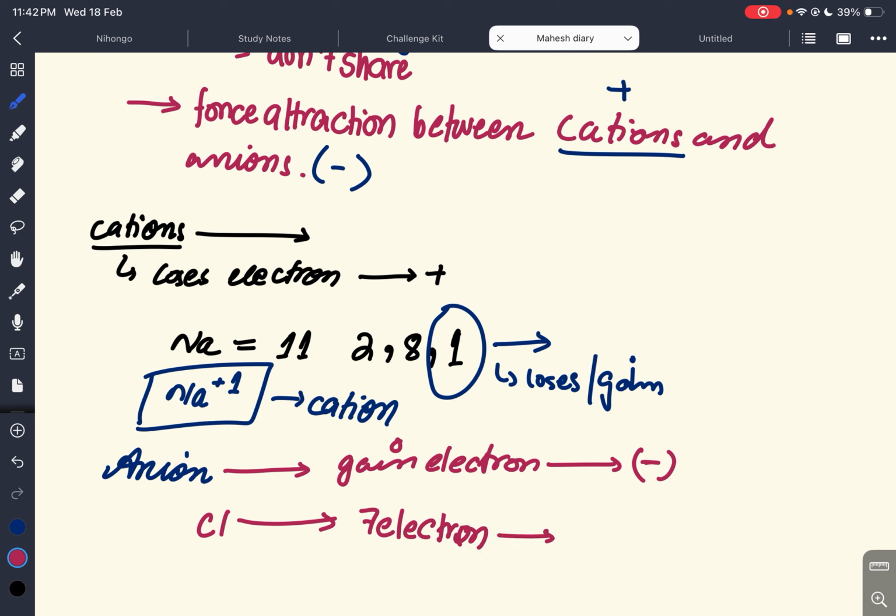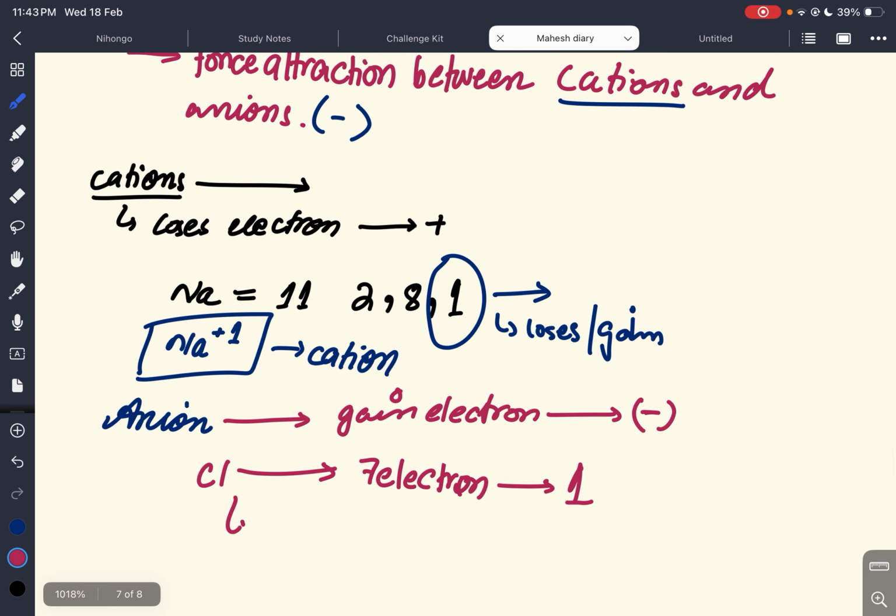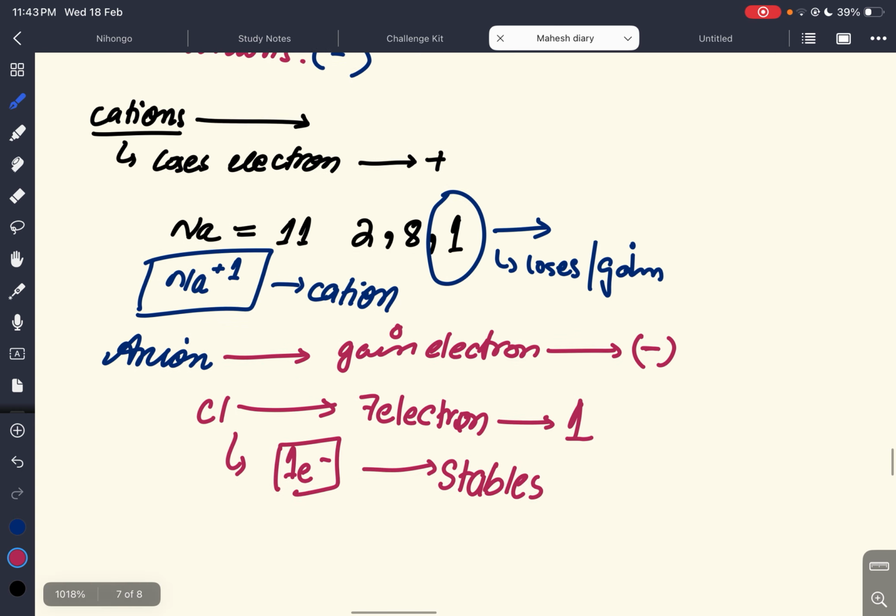And it needs 1 electron to stabilize itself. So it gains that 1 electron and stabilizes itself, but also makes an ion of chlorine minus 1, because it has gained 1 electron. Okay, so that's how we do it.